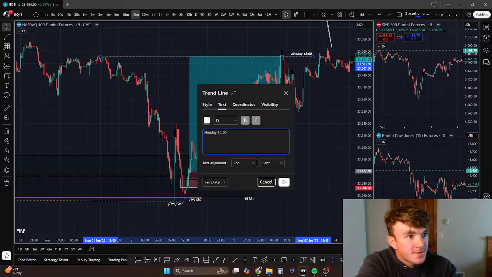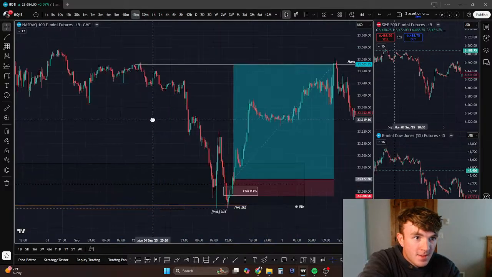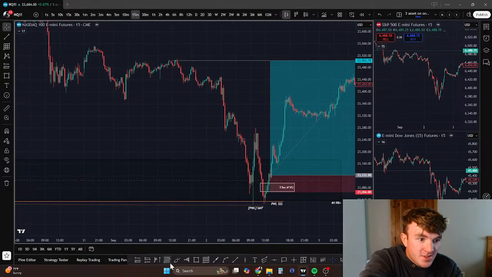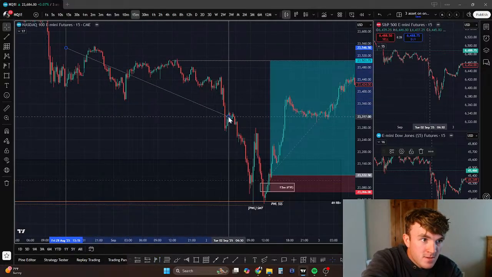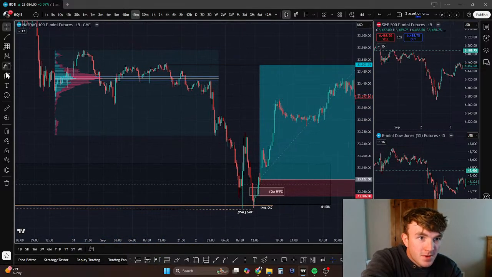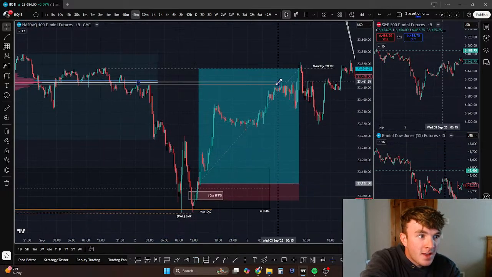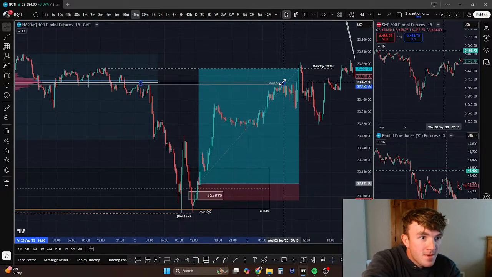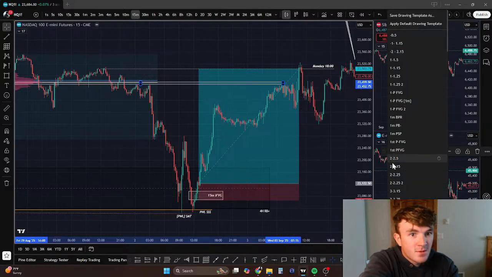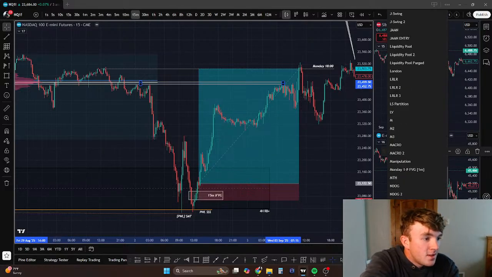Kind of cool, right? And then this is all, if I measure this out here, giant liquidity pool here, right? So you could take some off here. Note how that's the first area we stop, right? There's always a reason for why the market does what it does. Always a reason.